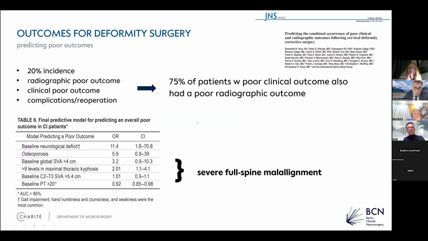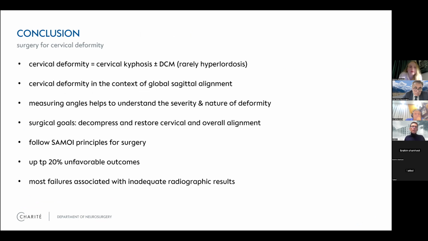And in the end, the incidence of poor outcome is 70%. And usually those patients where you are failing to have a good radiographic outcome, or where you are injuring the spinal cord, these are the patients that are not doing so well. So in conclusion, cervical deformity in most cases is cervical kyphosis, and it either comes with or without a cervical myelopathy.